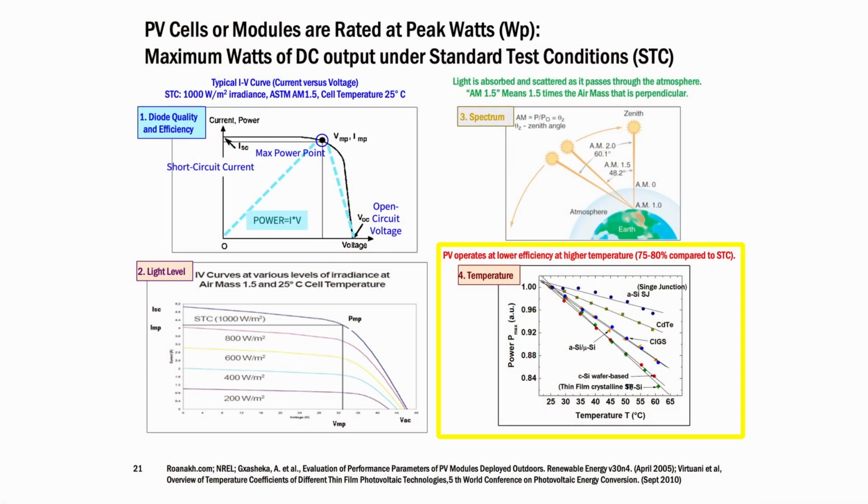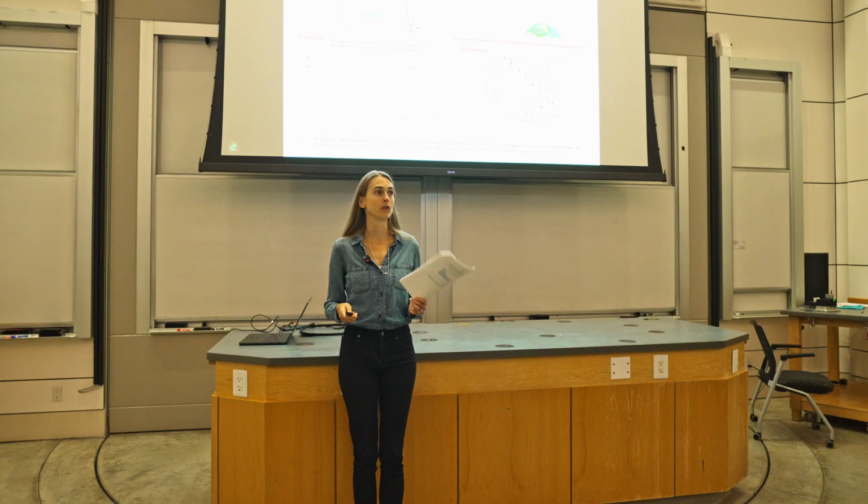And silicon in particular experiences what is called degradation at higher temperatures. All PV material types experience some form of degradation when exposed to higher temperatures, and you can see the impact here in the lower right-hand chart, but silicon in particular is sensitive there. Sorry, degradation, but also reduced power output.